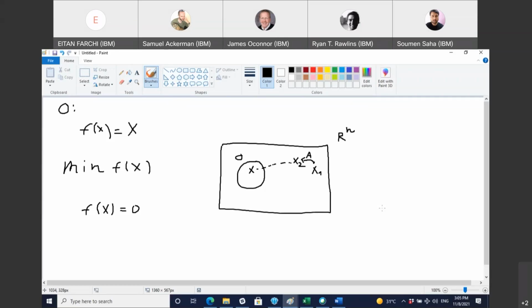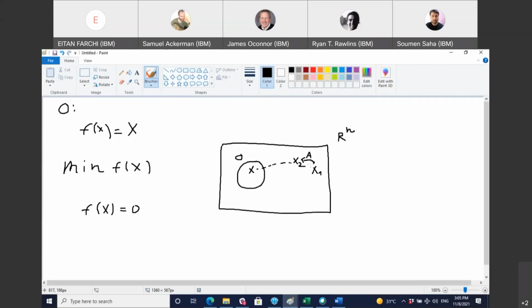Now let's cast it in mathematical terms. It'll be a very general framework that we'll use throughout our discussion of optimization, numeric optimization. So let me spell out what I'm assuming here.